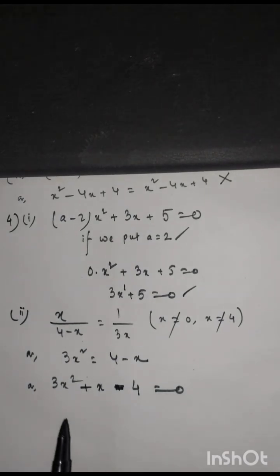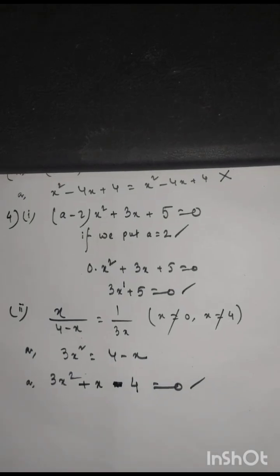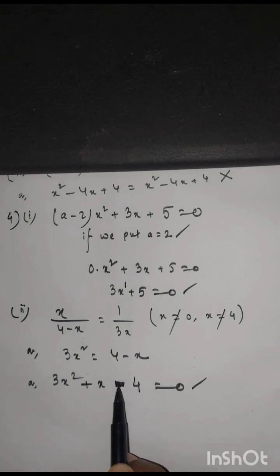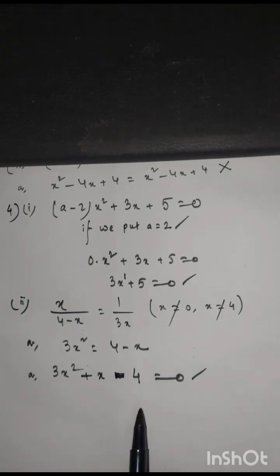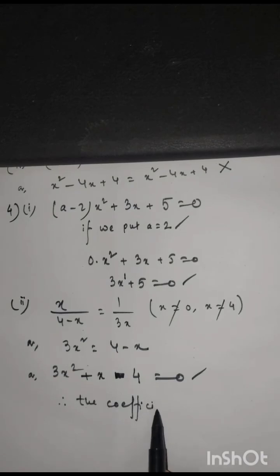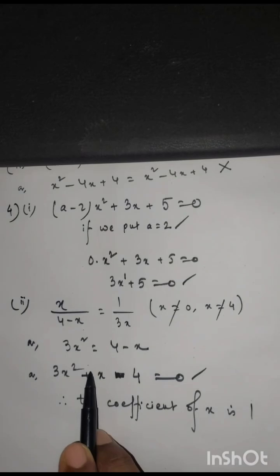So this is actually in the form of ax square plus bx plus c equal to 0. Now we have to find out the coefficient of x. Therefore the coefficient of x is 1. Okay, the coefficient of x here is 1.